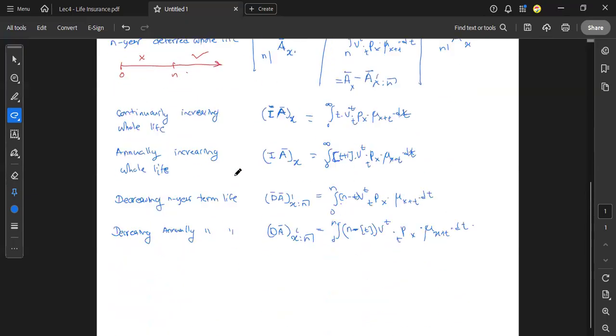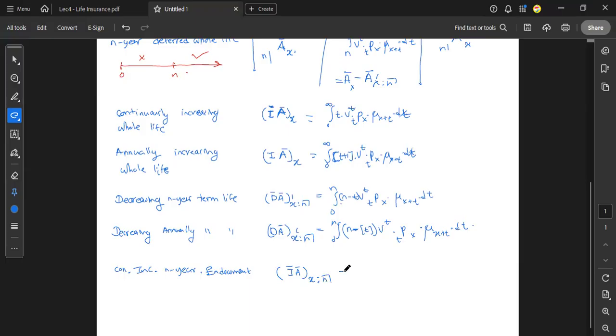So if it is a continuously increasing n-year endowment, it should say increasing continuously, death benefit is paid at the moment of death, starting from x to n.